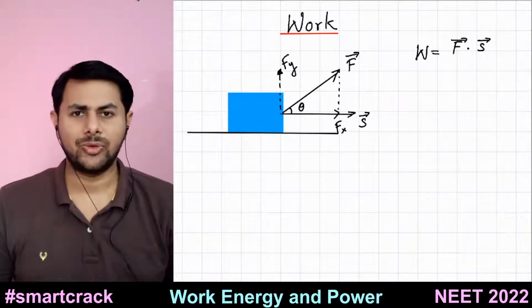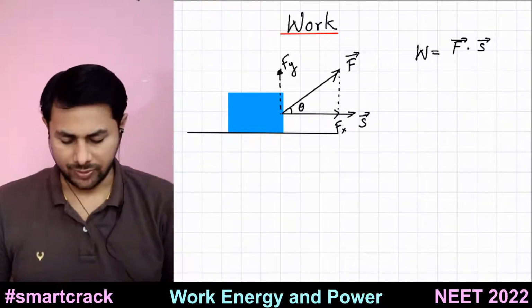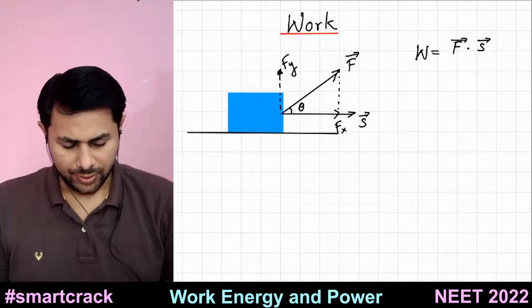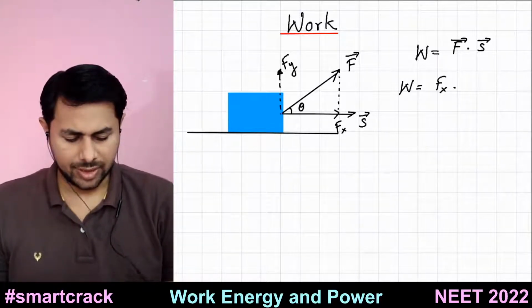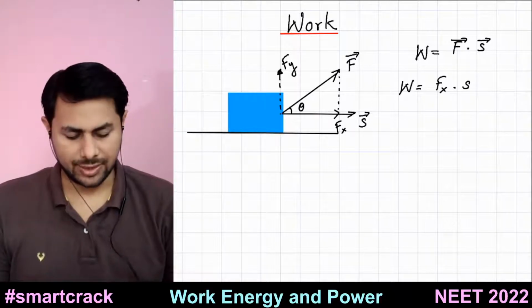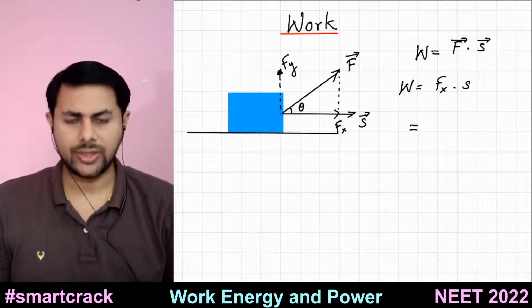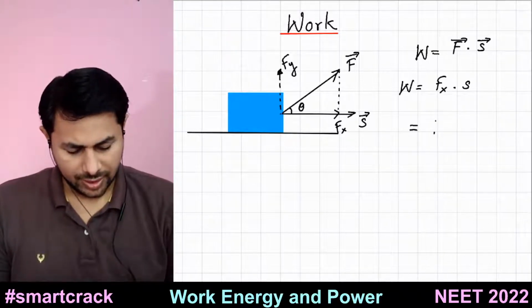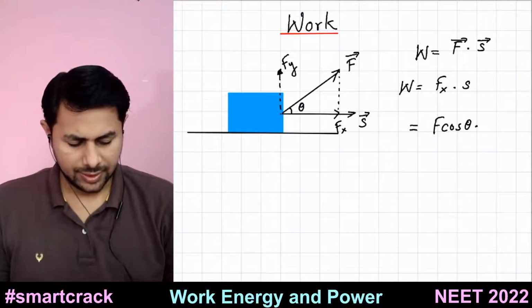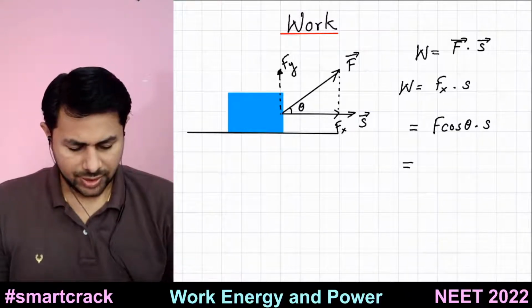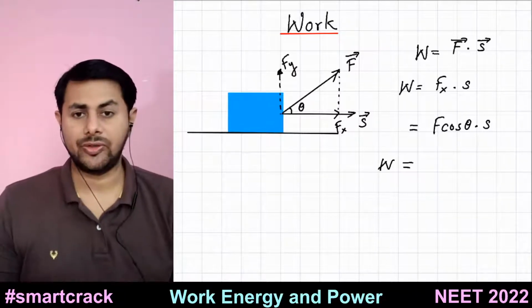So the vertical component is not doing any work and it's only the horizontal component that's doing work. So we can write that work done is equal to this horizontal component multiplied by the magnitude of displacement. And that is equal to what? What is the horizontal component? It is f into cos of theta, right?